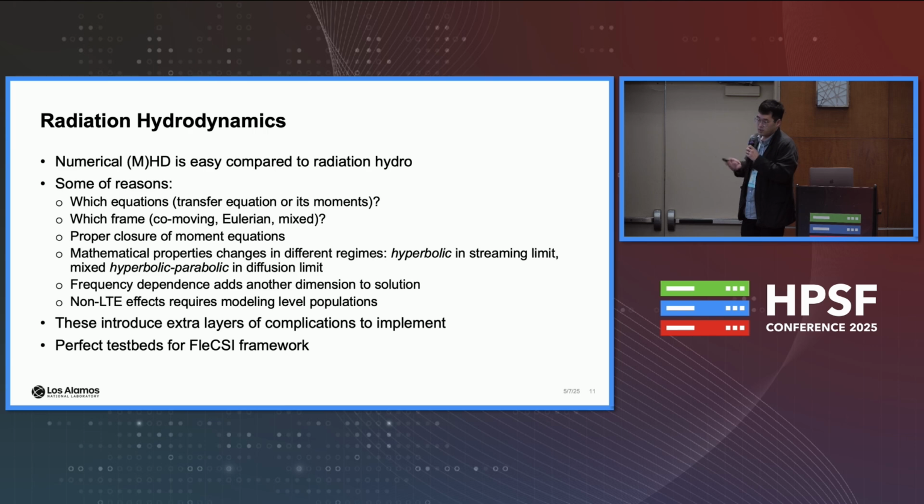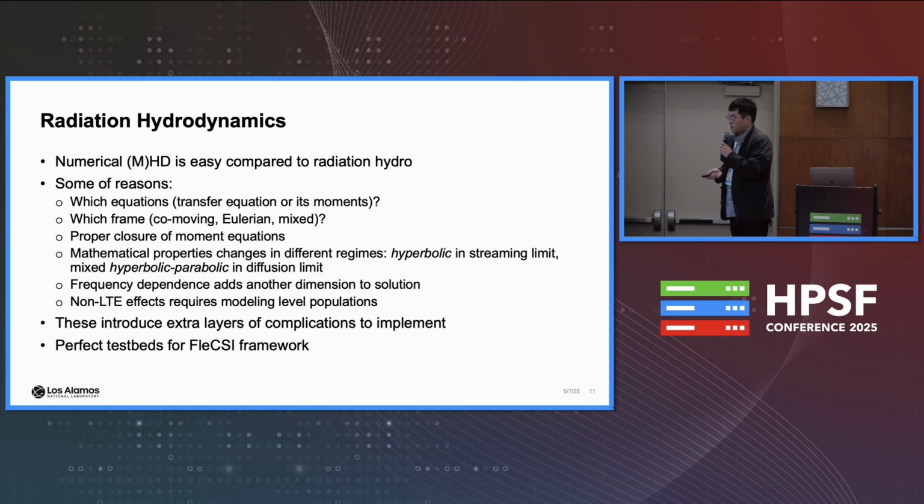We need something called a proper closure for the moment equations, and the mathematical properties are also different. That makes the numerical methods pretty complicated. There are also frequency dependencies, which add another dimension to the solution. This introduces extra layers of complication to implement and run the simulations correctly, accurately, and efficiently.